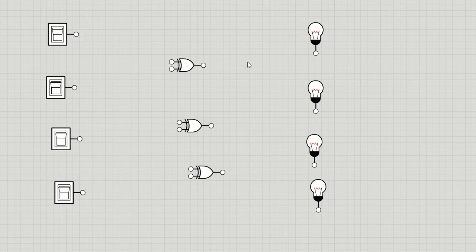Now the first input is connected to the first output.